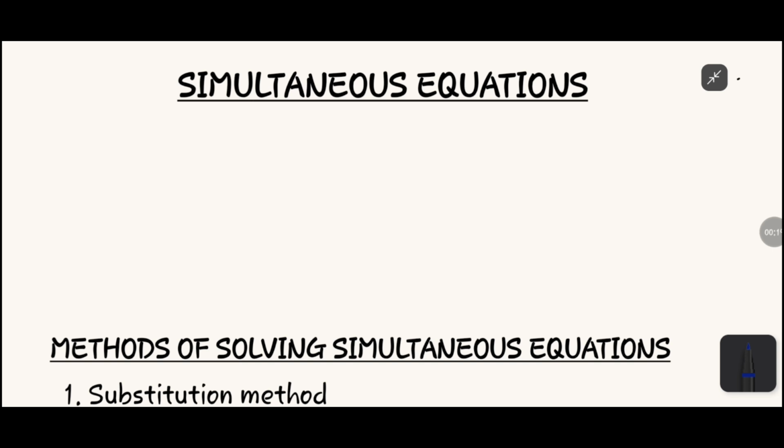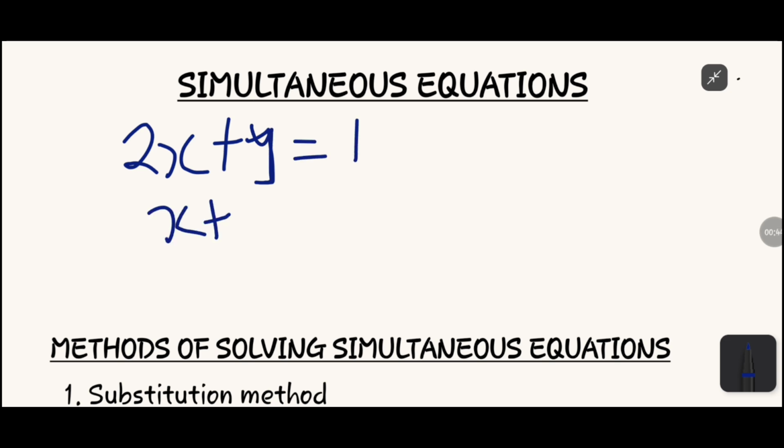What is a simultaneous equation? When we have a series of equations that, in order to get the values of the variables, we have to solve them at the same time, we call these simultaneous equations. So let's say we have 2x plus y is equal to 1, and we have x plus y is equal to 2.